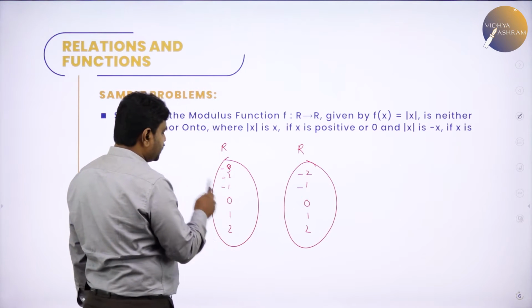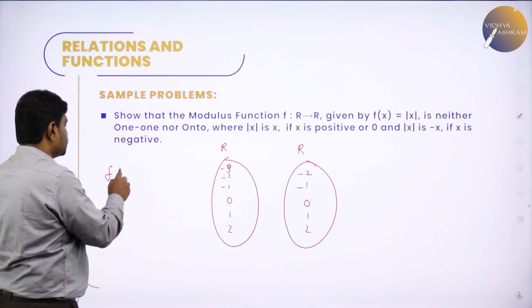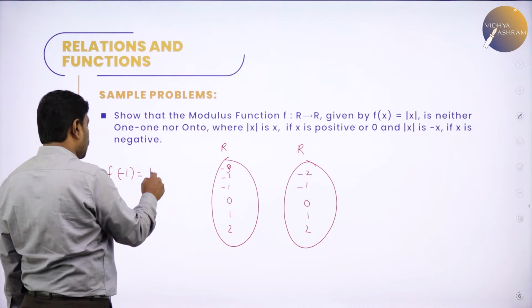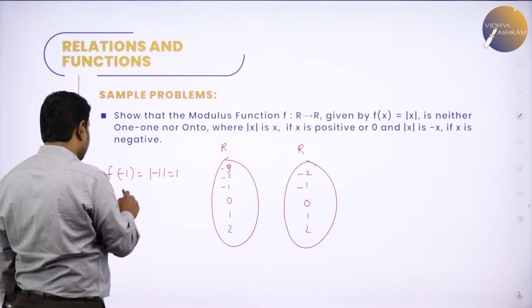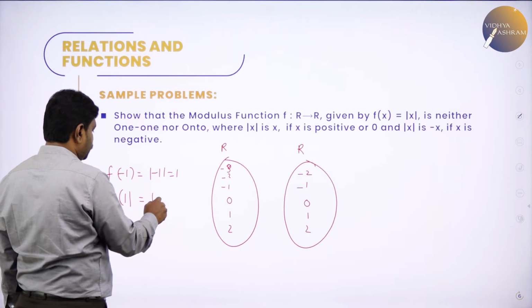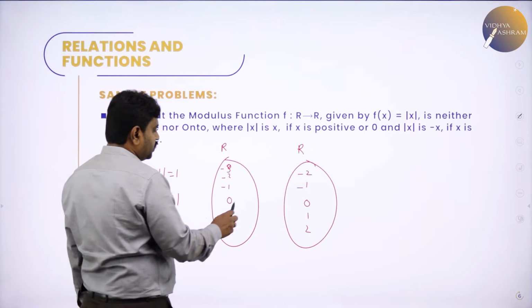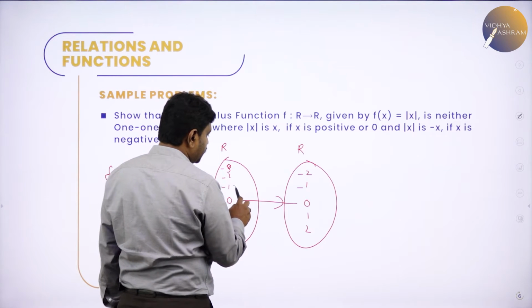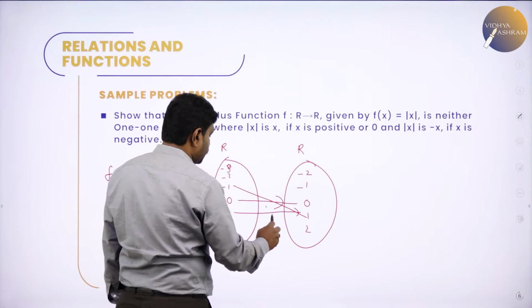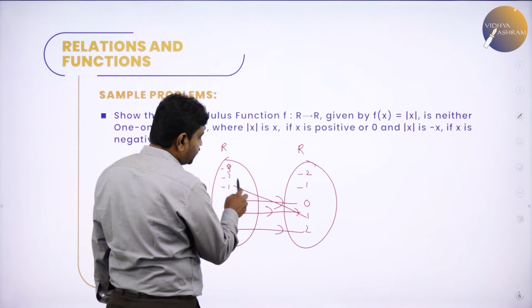What is f of minus 1? Mod minus 1 is 1. So f of 0 is 0. F of minus 1 is 1. F of 1 is 1. F of 2 is 2. F of minus 2 is also 2.